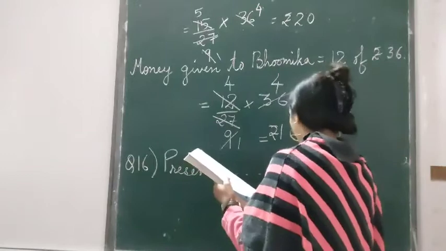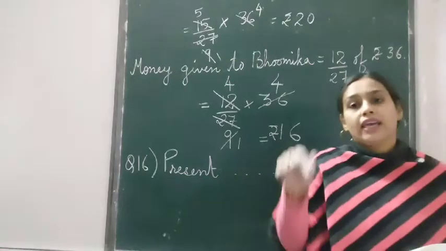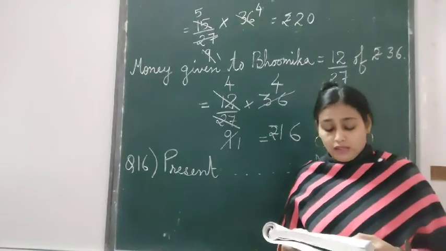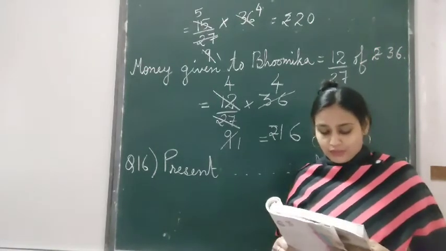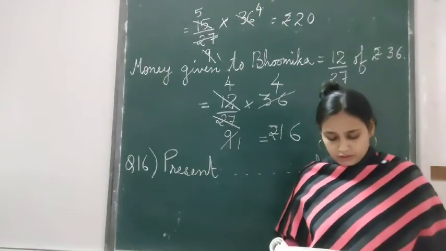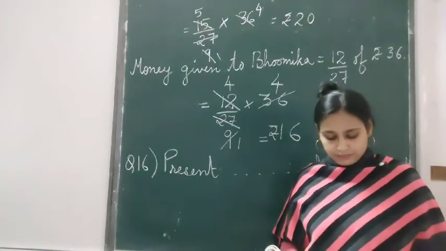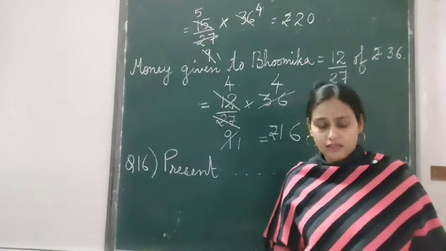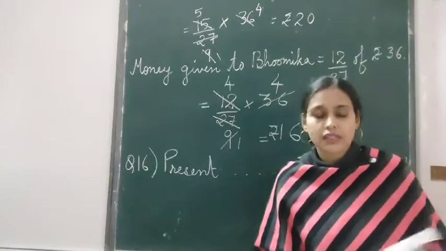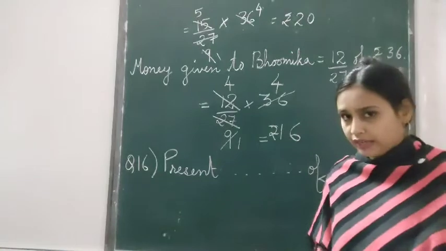Present age of father is 42 years, that is father's age today, this year in the year 2021, and that of his son is 14 years. We have to find the ratio. Okay, children, this question is divided into 4 parts, that is A, B, C, D. So we start with A. First thing, whatever is given, we are going to write that.